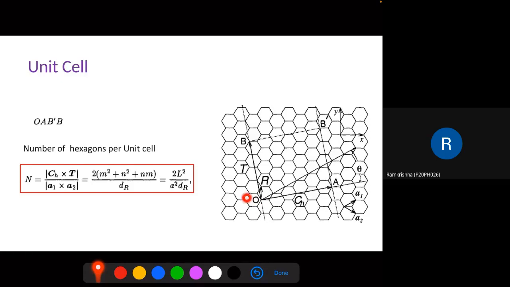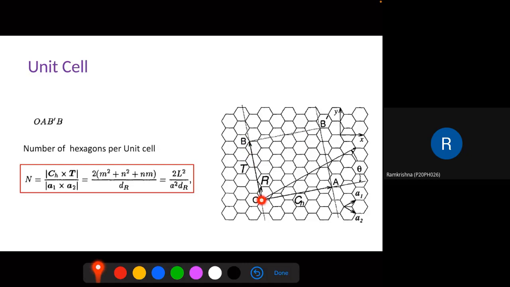That means this is your tube axis, and this is the circumference, and this is what you need to define your nanotube. You can even calculate how many hexagons the nanotube contains, and that is nothing but the area.